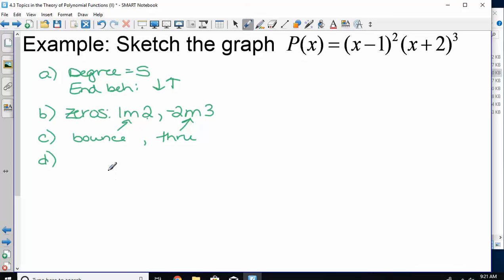All right, y-intercept. If we plug in a 0 for your x's, you get -1 squared times 2 to the third, and that gives us 1 times 8, which is 8.